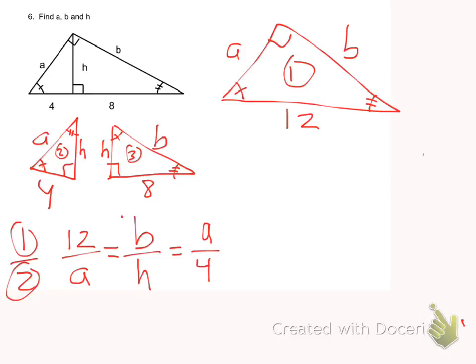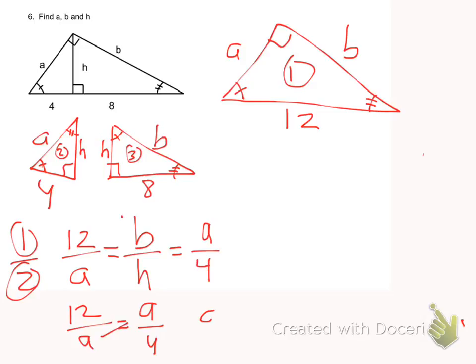If I was to put those two equal to each other, how many equations would I have? 1. How many different variables would I have? 1. So therefore, I am going to do that. 12 over A is equal to A over 4. Because when I cross multiply these, I end up with what? A squared. Which is fine. We can solve A squared.